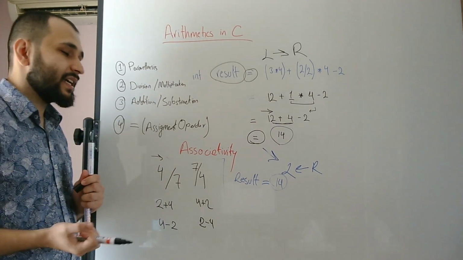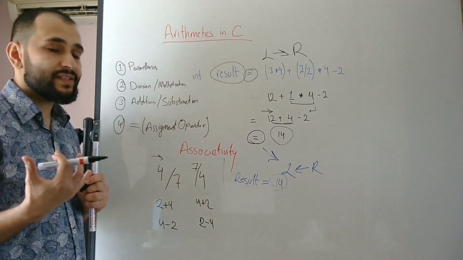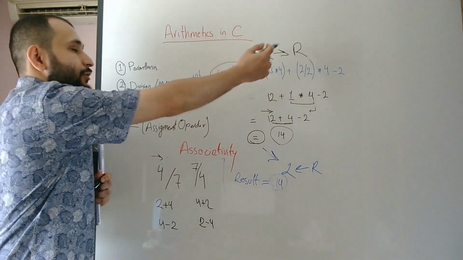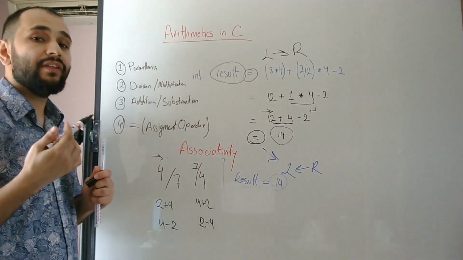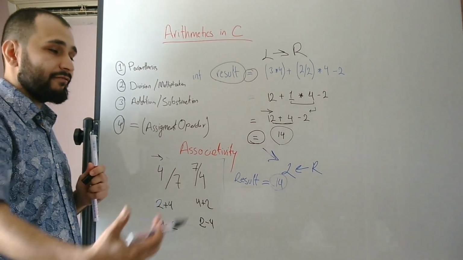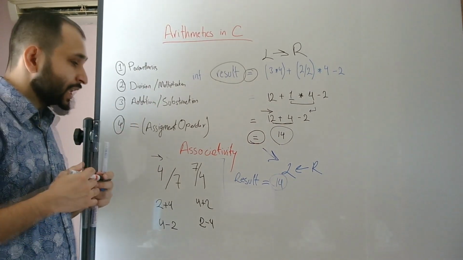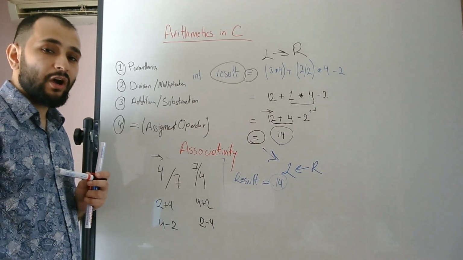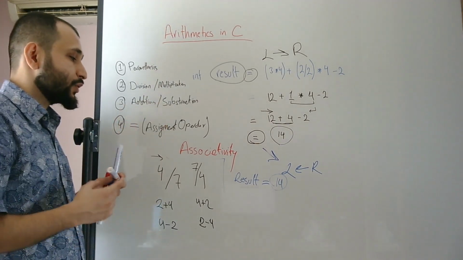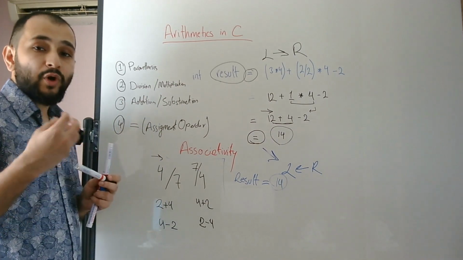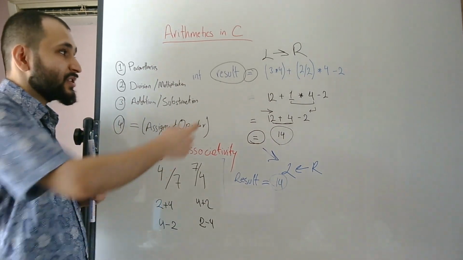Later on, we will be discussing many other operators that do not follow this left to right associativity. Rather, they will have an associativity of right to left, and you will see those operators in the coming episodes.